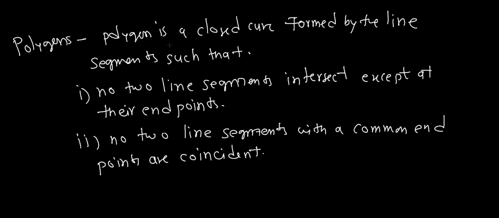So a polygon is a closed curve formed by line segments, and these are the two conditions on those line segments.